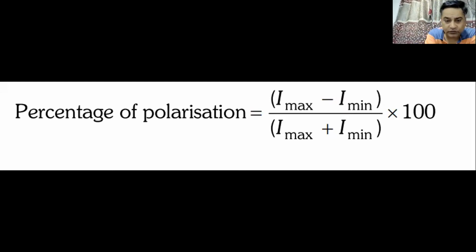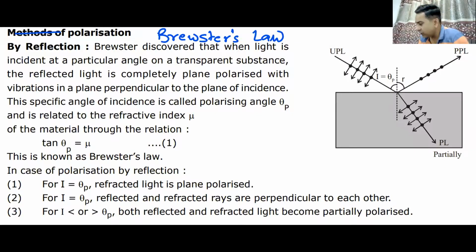I'll give you a minute to note it down. Next is your Brewster's law. Now, what happens in Brewster's law, I will try to make you understand by this diagram that is given in your sheet. What you see here, the blue one is UPL. UPL stands for unpolarized light. Do we understand this?